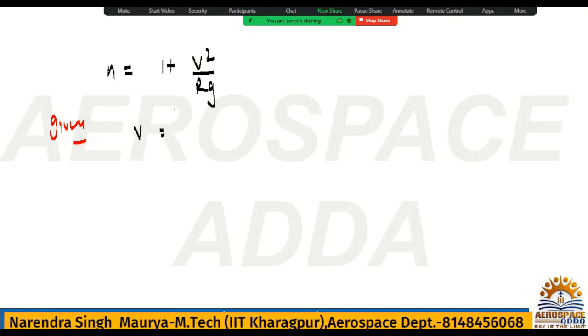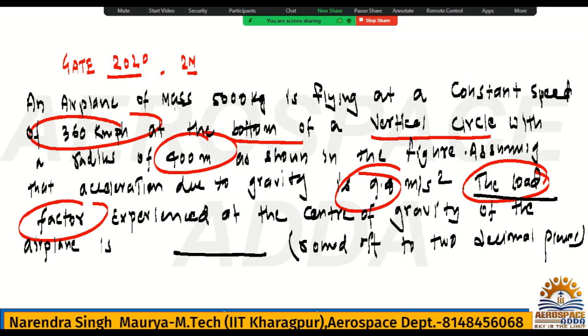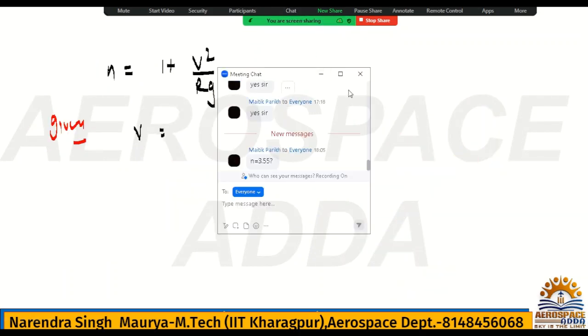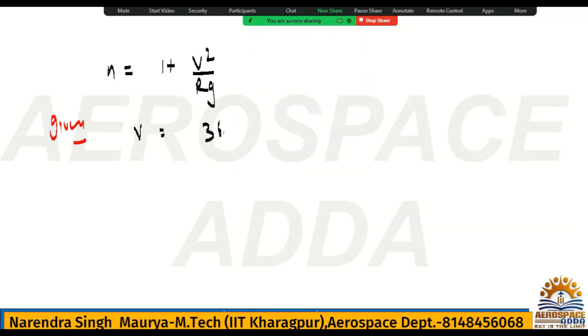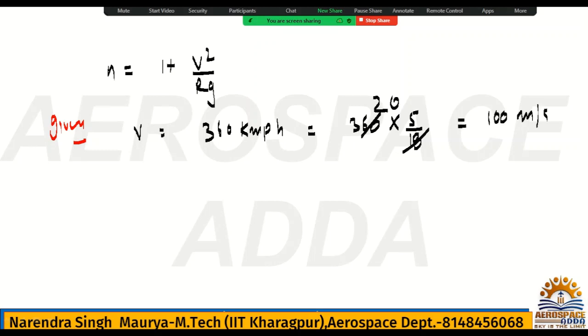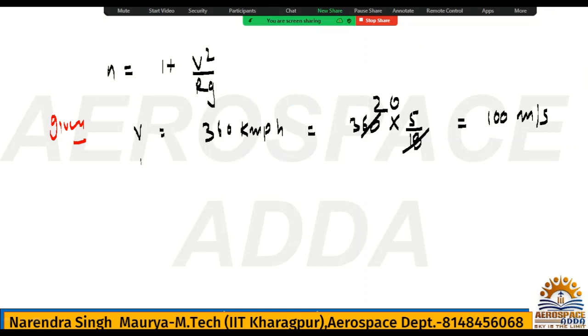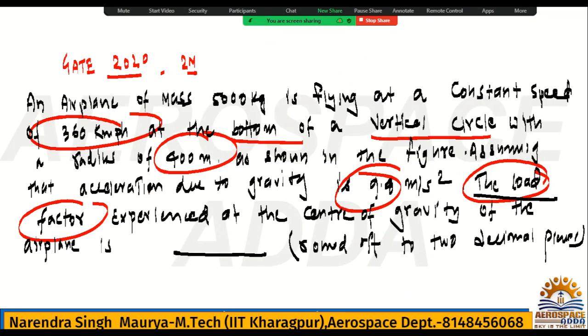Velocity, 360 kilometer per hour, which is 100 meter per second. R they have given to us as 400 meter. Let me check once. 400 meter.